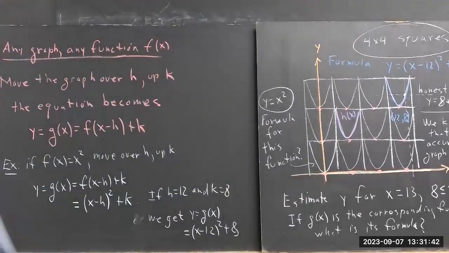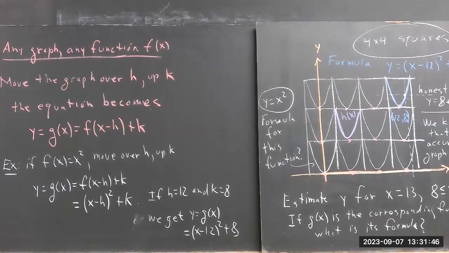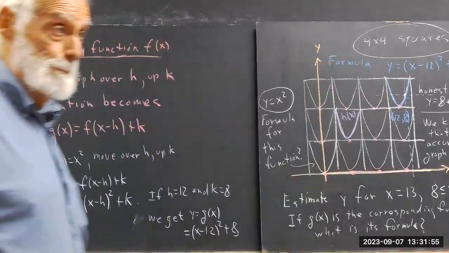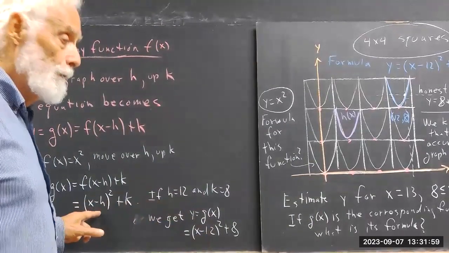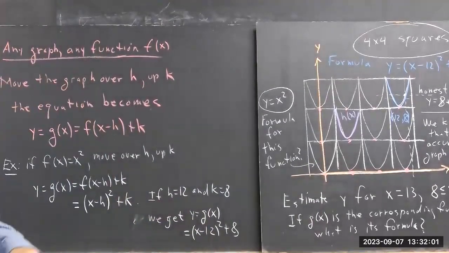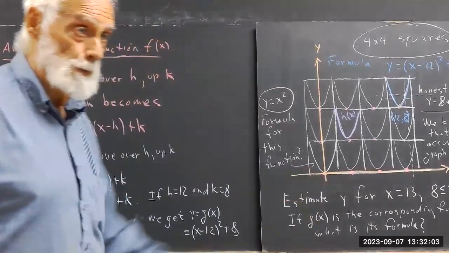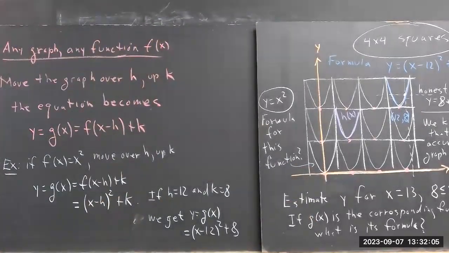This formula tells us how to get the formula without thinking. But you want to think, and you want to think why this works. It's because x minus h is how far you are from the origin in your basic function, and when you square it, that tells you how far you have to go up.